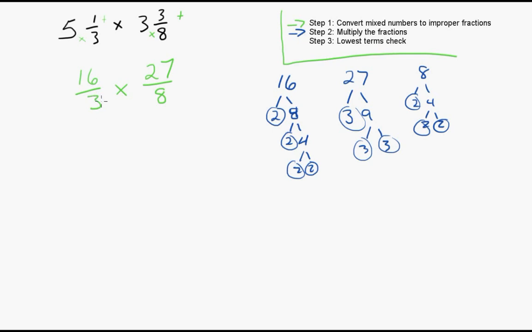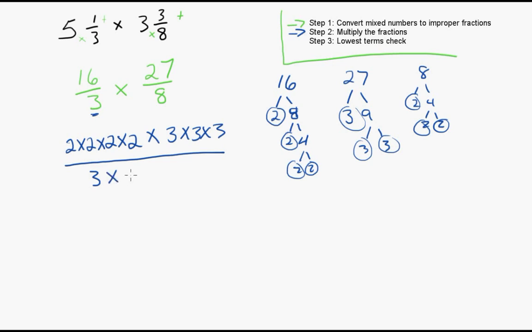Our 3 over here is already a prime factor, so we don't have to do anything with it. So 16 was 2 times 2 times 2 times 2. And then 27 was 3 times 3 times 3. Our denominator was 3 times, and then 8 was 2 times 2 times 2. We're going to cancel out 3 2's on the top because we have 3 2's on the bottom.